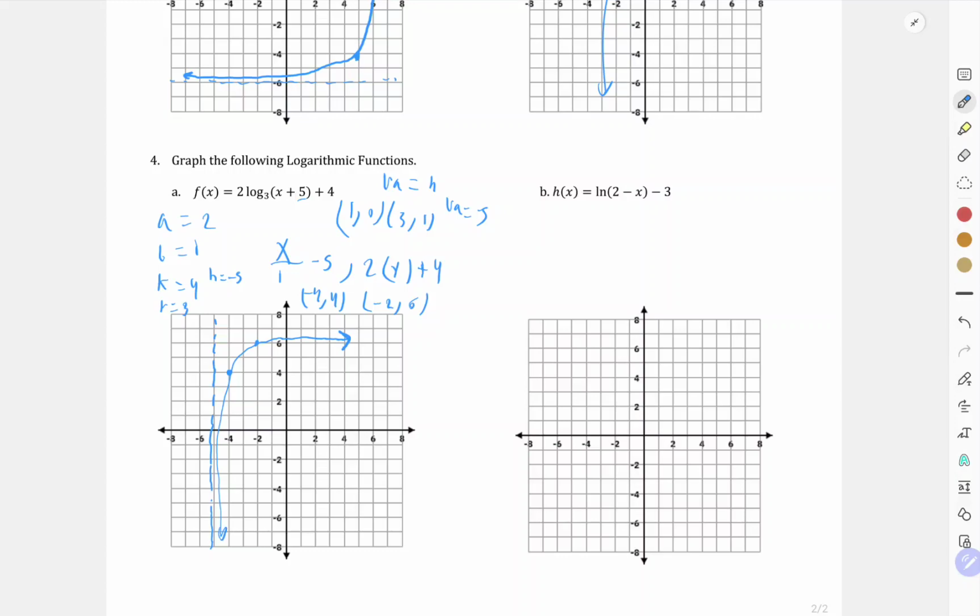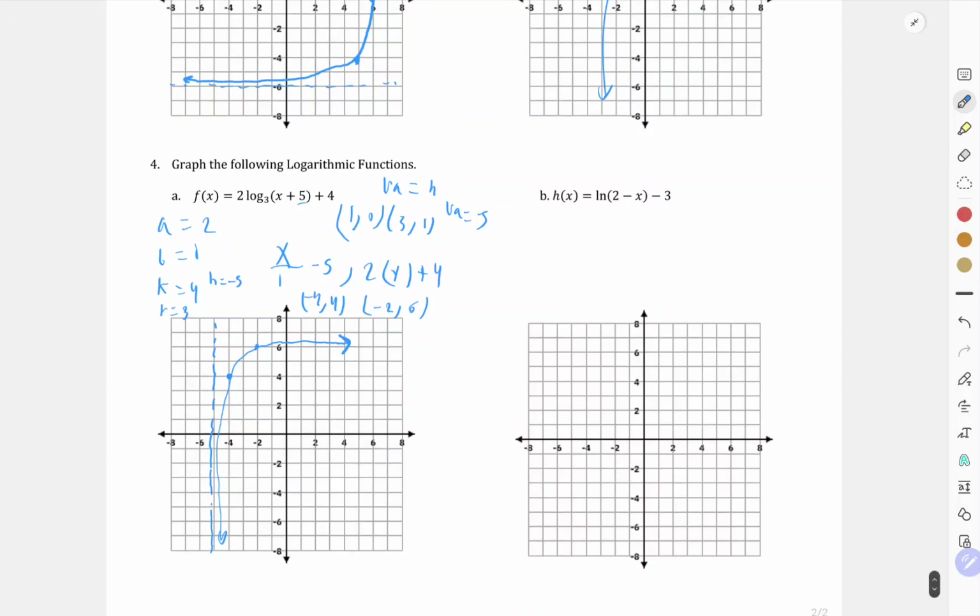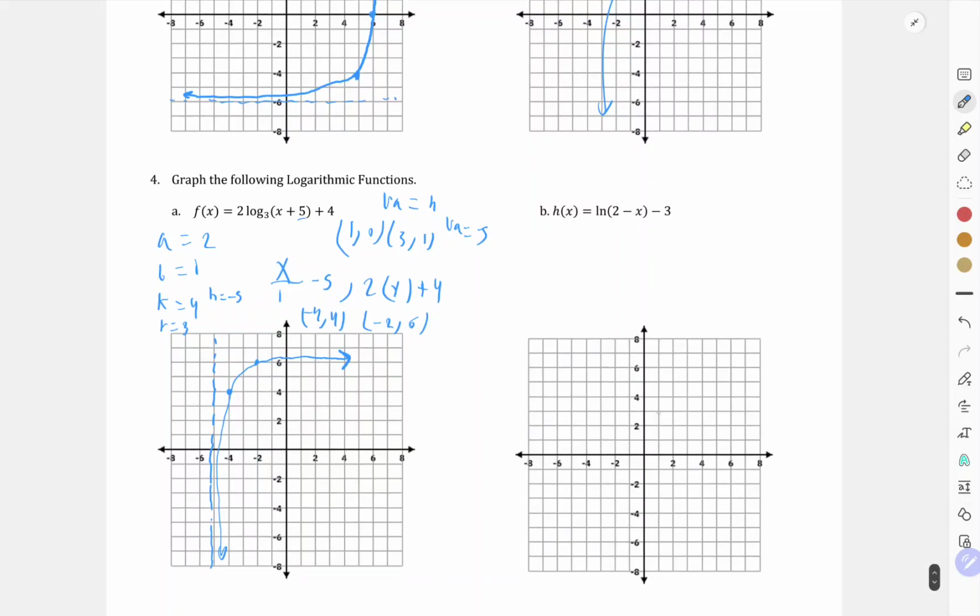Perfect. Alright, now let's move on to the next one. Now this next one is a bit of a tricky one. As you can see, it is a natural log. And natural logs might seem intimidating, but you'll get a hang of them. First thing you have to do is identify the asymptote.